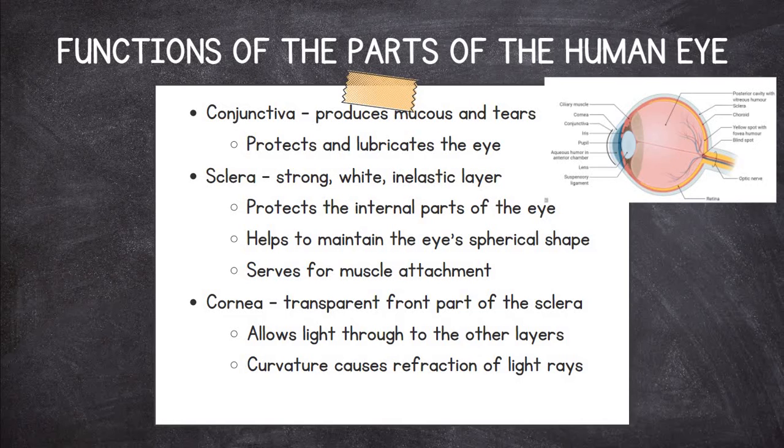And then also the curvature of this specific lens causes refraction of light rays. So the curvature of this cornea causes refraction of the light rays. So in other words, it bends the light in the right way so that it is actually able to reach the correct spot at the back of the retina, so an image can be produced.